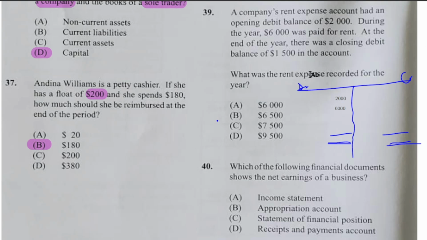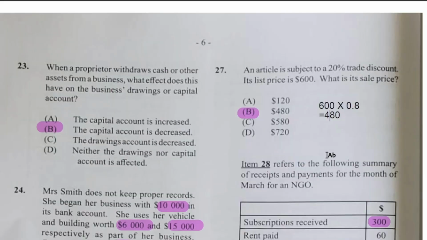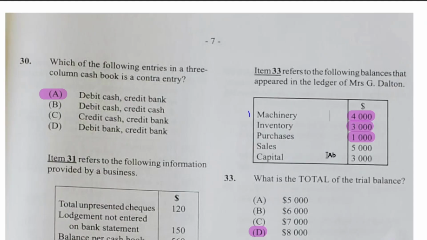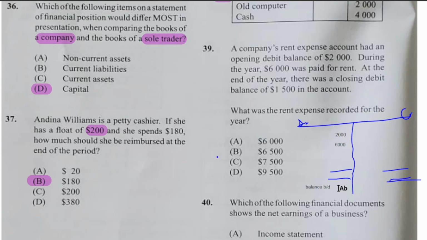So when they say we have a closing debit value, it means that the carried out value here, balance brought down, is... shoot. There. Okay.